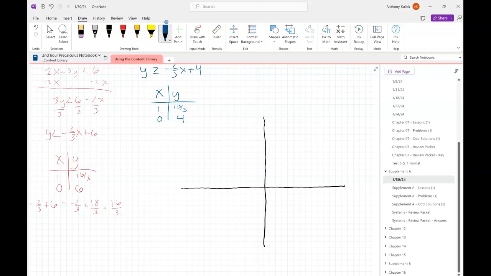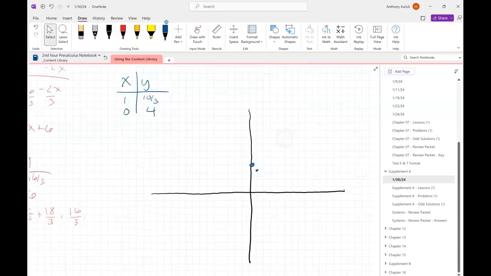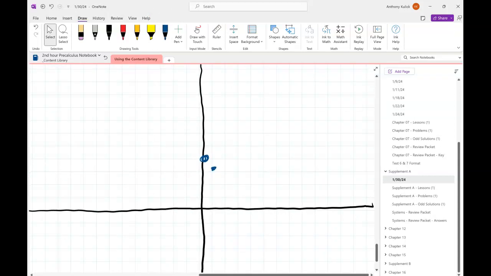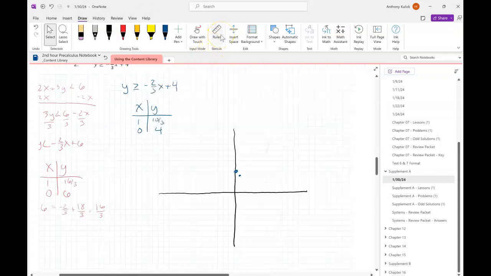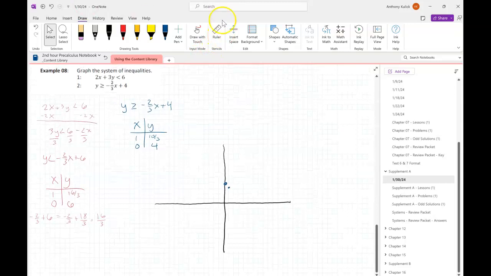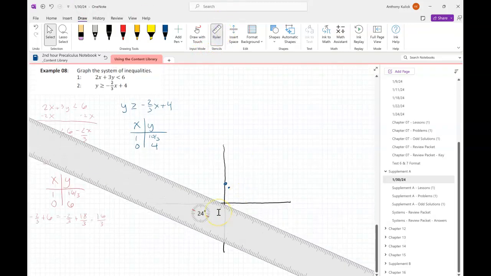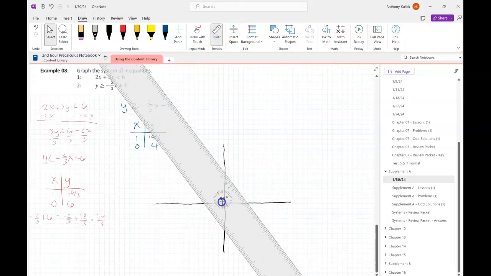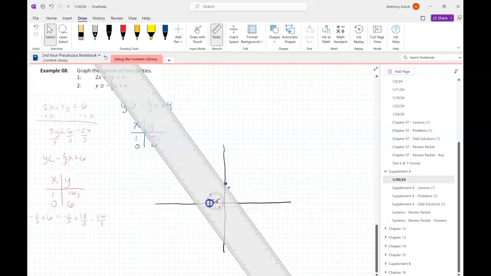1, 2, 3, 4. And then 1, 2, 3 and a third is probably like that. Okay. How am I going to draw the line? Do I use a solid or dashed is what I'm asking.